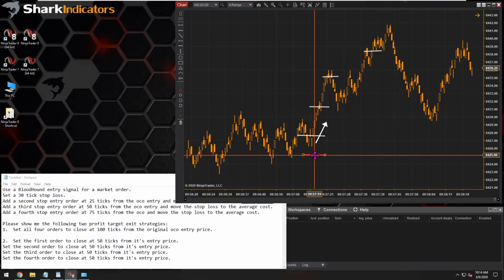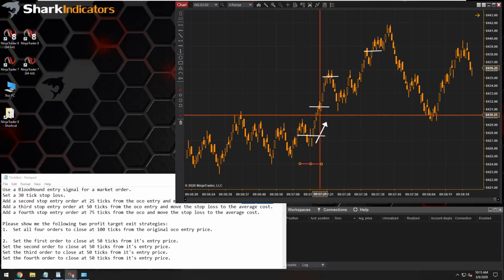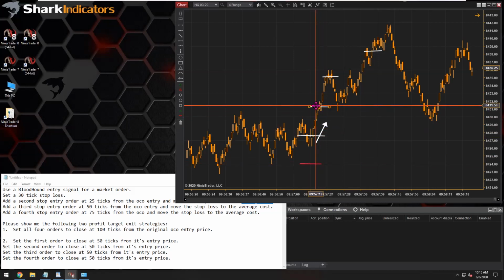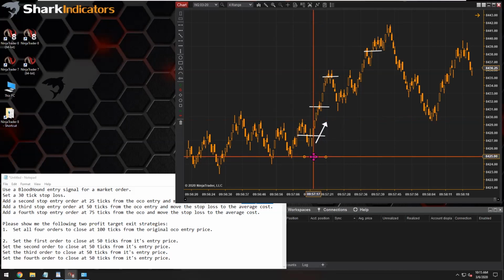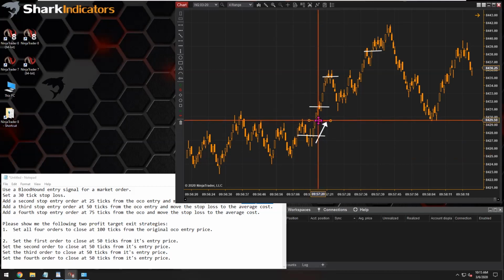Let's say our stop loss starts down here somewhere. Once the second entry order is filled, our average entry steps up, the average of those 2. So we want our stop loss to move from down here up to the average price.